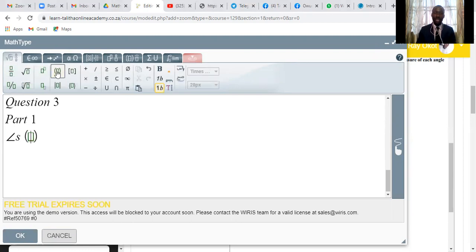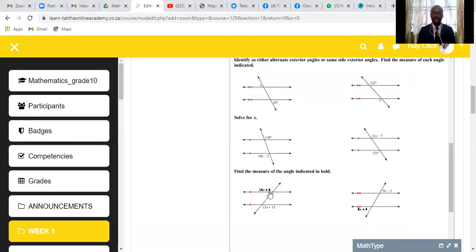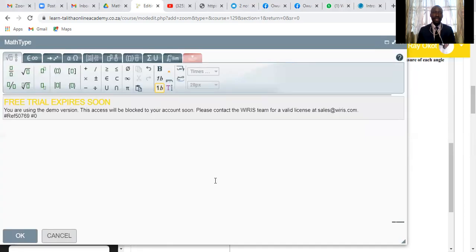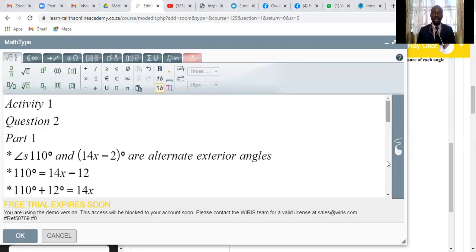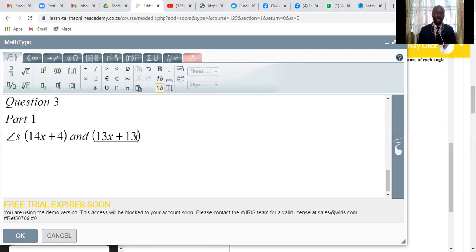The first one being 14x plus 4, well, obviously in degrees, and the second angle, which is 13x plus 13. We say these two angles, this one here, 14x plus 4 and 13x plus 13, are alternate exterior angles. That's the first thing we want to introduce. All right. So we say these two angles are what? Alternate exterior.